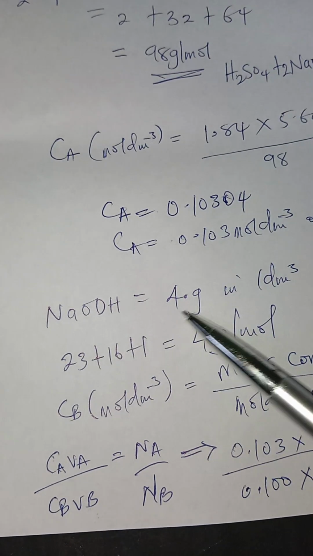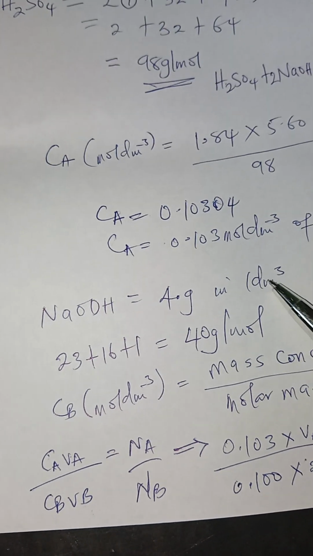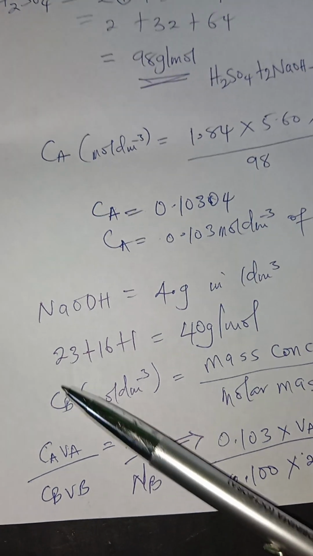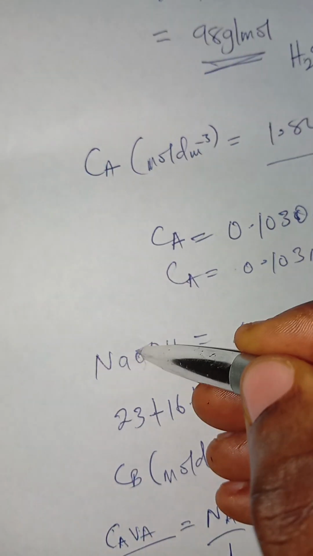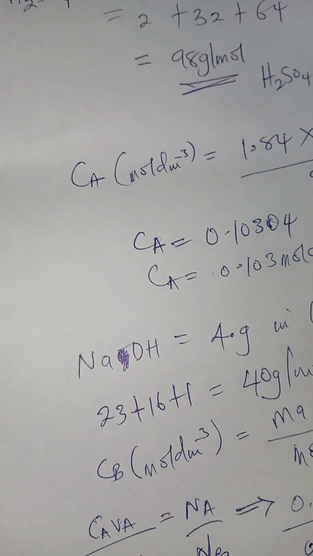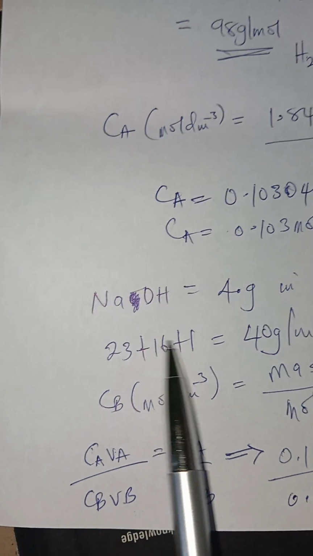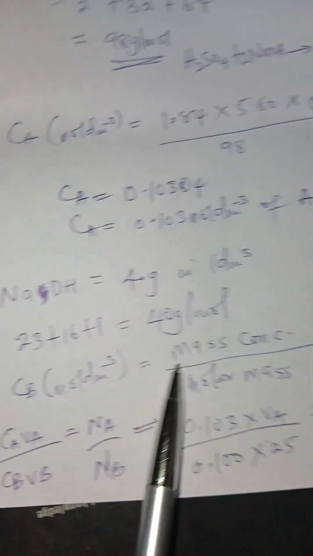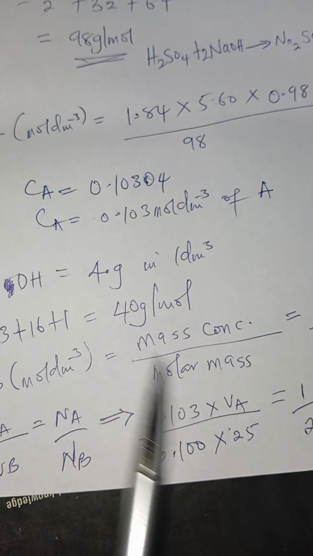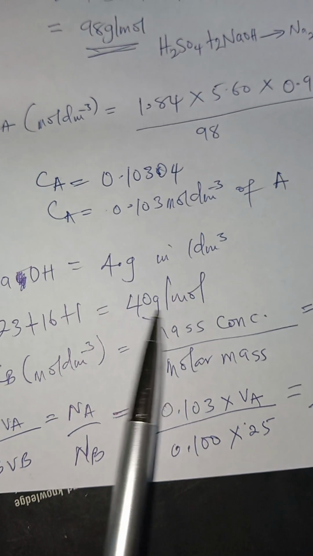Now we're told to dissolve 4 gram in 1000 cm cube, which is 1 dm cube, to get the molarity of the sodium hydroxide. We took the molar mass first, and we got 40, and then to get the molarity, you do mass concentration over molar mass. This is the mass in 1 dm cube over molar mass.